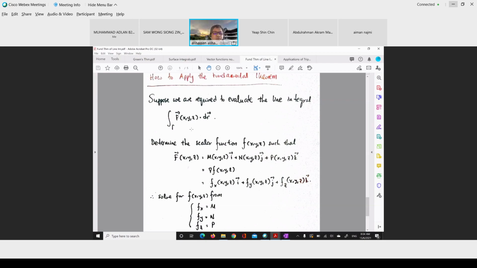Not all vector fields F are conservative. I've shown you some examples where the vector field F is not conservative. That means it does not satisfy the set of three equations here, so there is no f. It has no potential function. So this is what we have discussed.